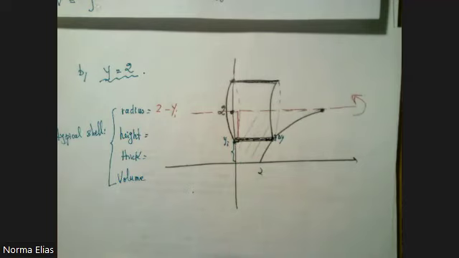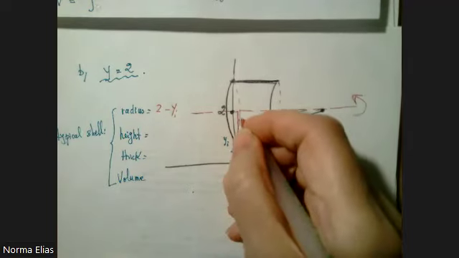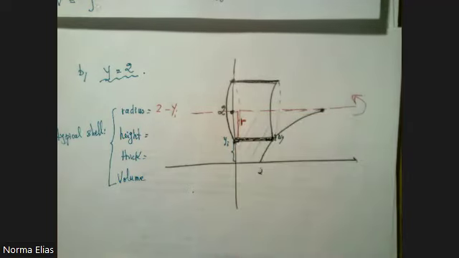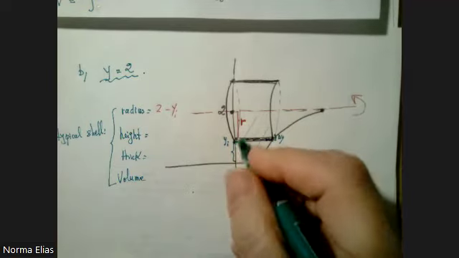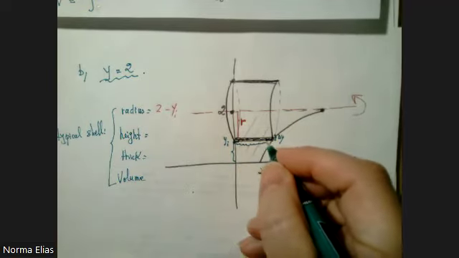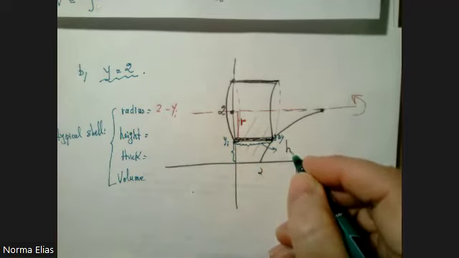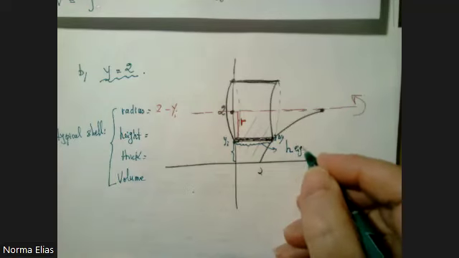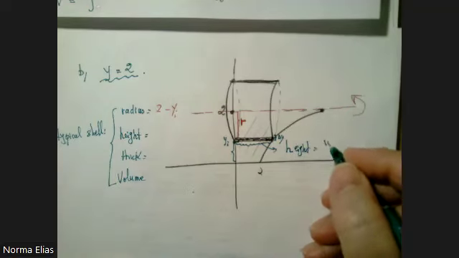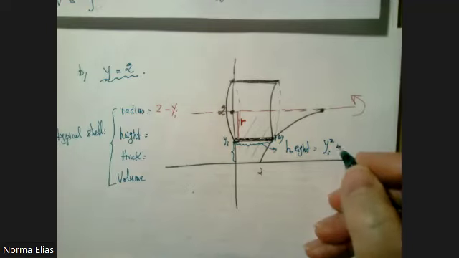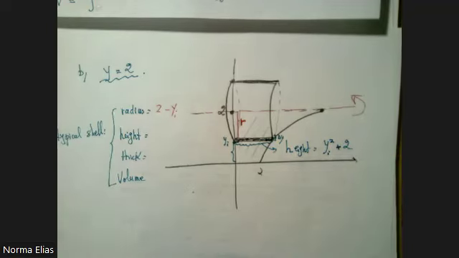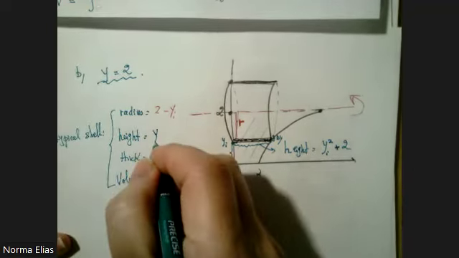Now, the height is like before. So this is the radius right here. That's R. That's the labeling. The height is like before. I know the y. This is the height from here to here. I need the x. It has to be in terms of y. And we figured it out a minute ago. It's y squared plus 2. So the height hasn't changed.